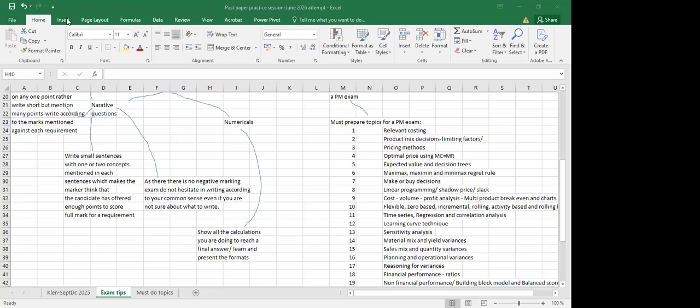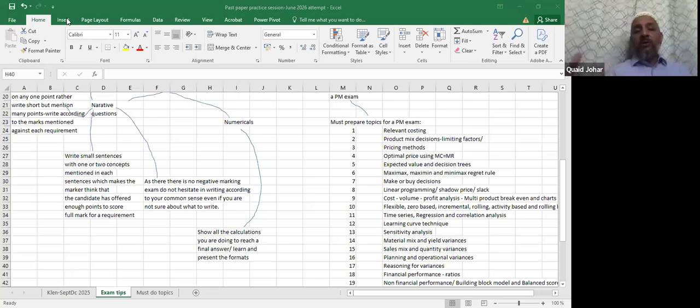You're not able to pick the numbers from the question properly. Then what? Please don't leave the question completely if you're not able to solve it, right? Just go for the steps. Write the steps, what steps you are going to follow in a particular situation, right?